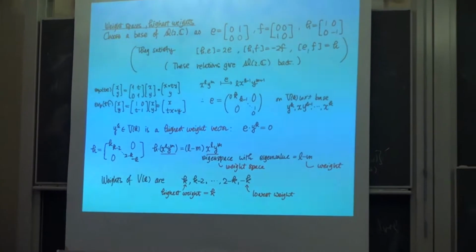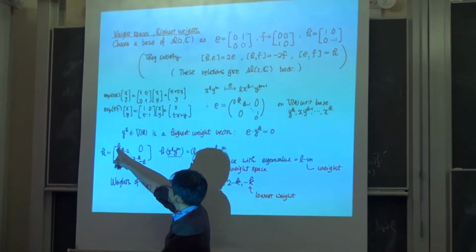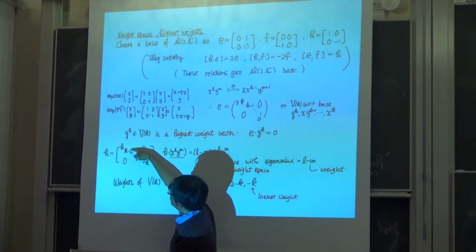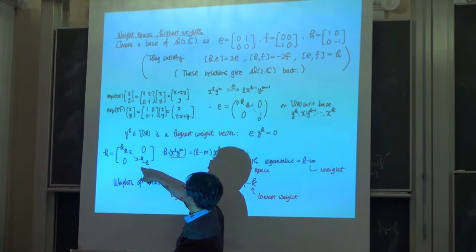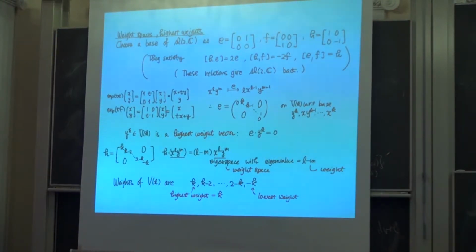And H is a diagonal matrix, and the entries start from k, then k minus 2, and so on. It jumps by 2, and the final element is minus k. So these are the elements E and H represented in Vk.